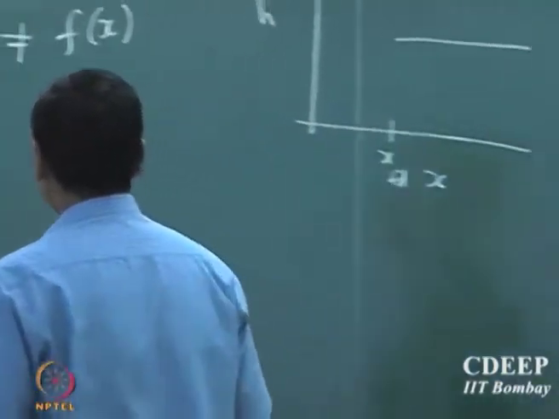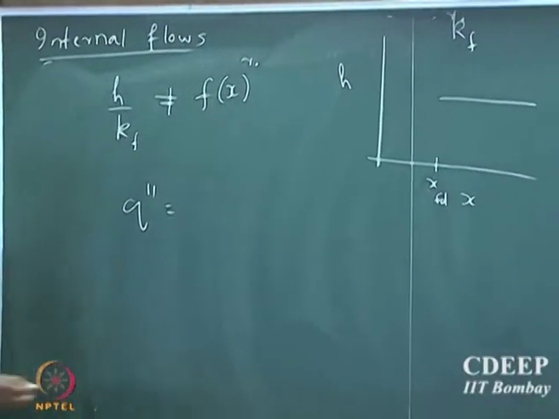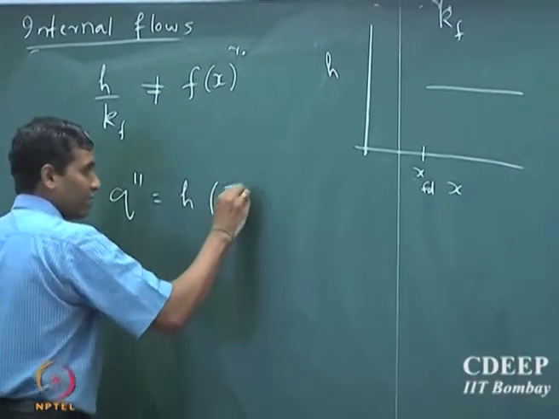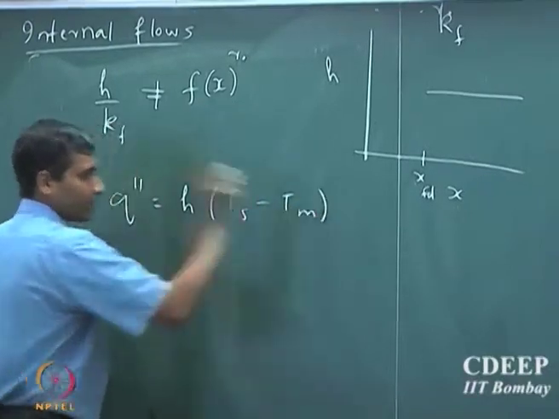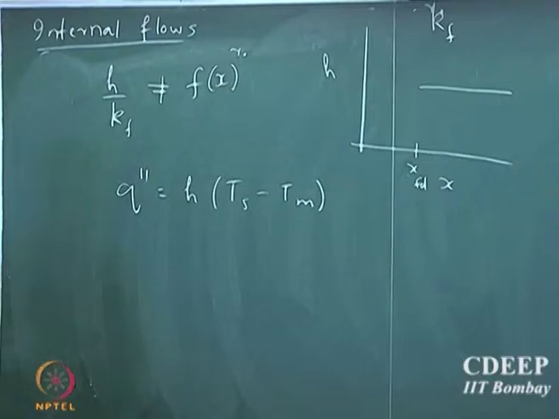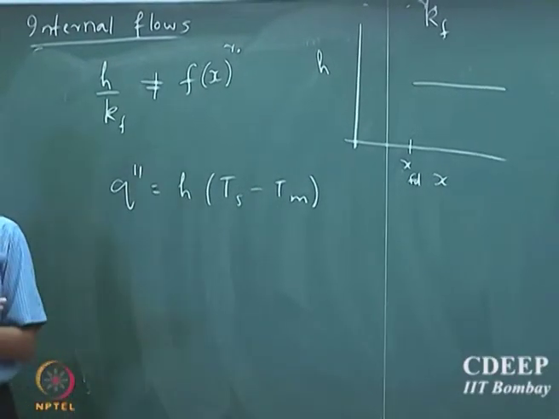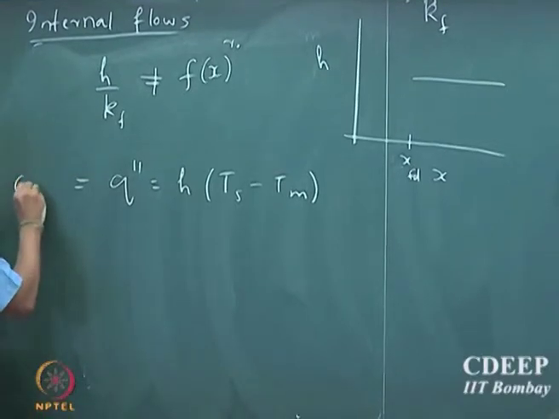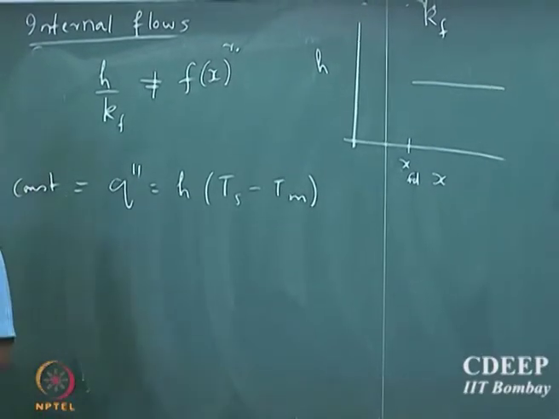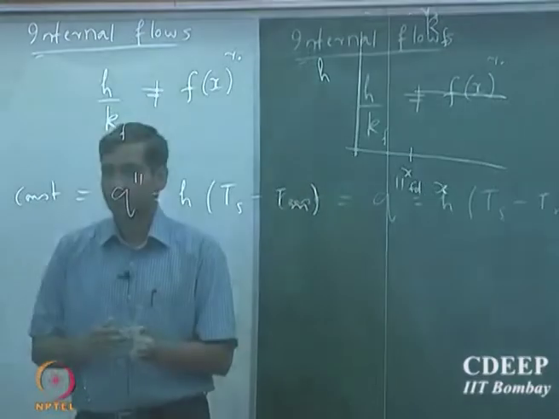So I'll give you a hint. Q, the local flux of heat transport, is defined as h into Ts minus Tm, right? So the surface temperature minus the reference temperature. So that's the definition. Now can you guess? Let's say constant flux condition. Yeah, it will be higher. Why?